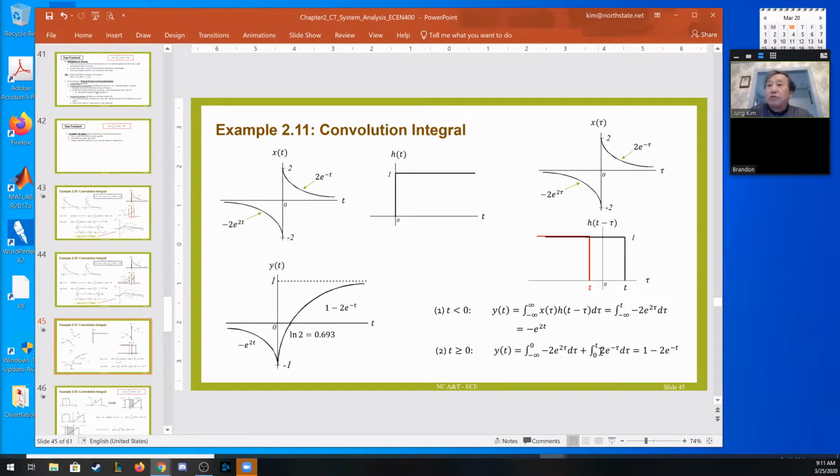So we integrate this, and combine this together, we have this. Graphically, for t less than 0, we sketch minus e to the 2t. And for t greater than 0, we can sketch 1 minus 2 e to the minus t. So this is the convolution.